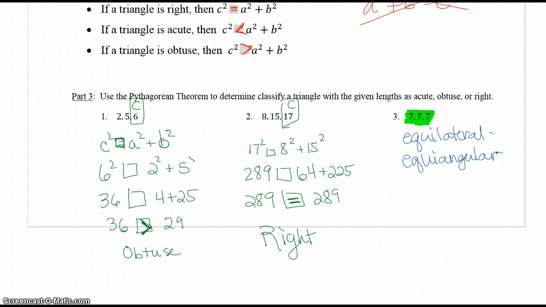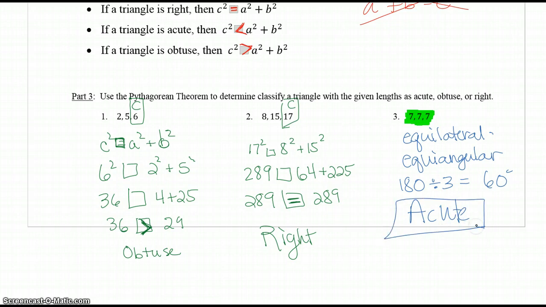And if it's equiangular, we know that there's 180 degrees in a triangle, and all 3 angles have to be the same, so each angle has to measure 60 degrees. So this also has to be an acute triangle. You can either do it using the rules in this method, or you can explain the fact that this is an equiangular triangle, which also implies that it is an acute triangle. Another classification by the sides is also isosceles.